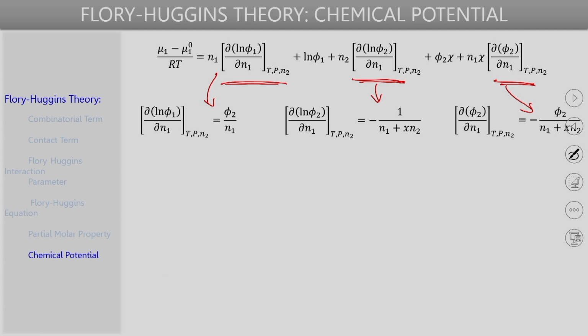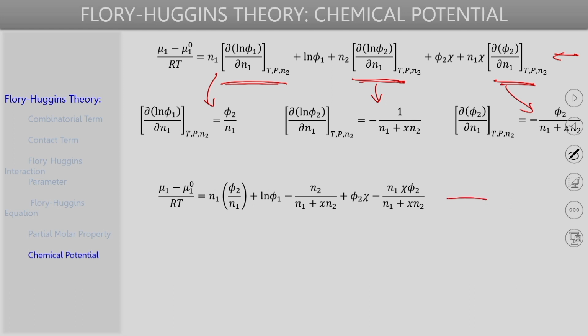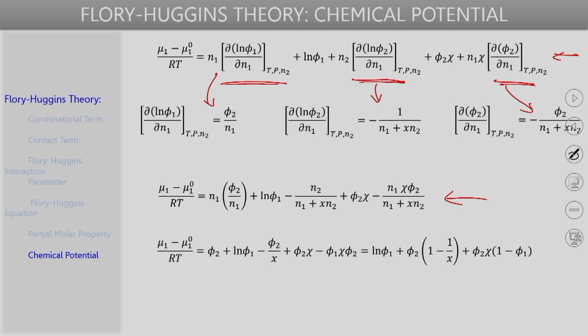If you substitute all these three terms in the original equation, we get this equation here, and again we need to simplify a bit. So from this equation obtained by substitution, let us go term by term.